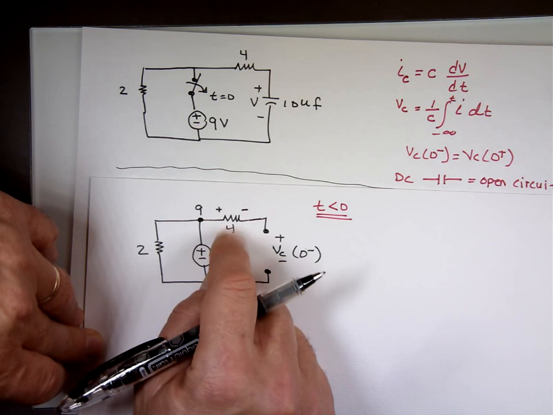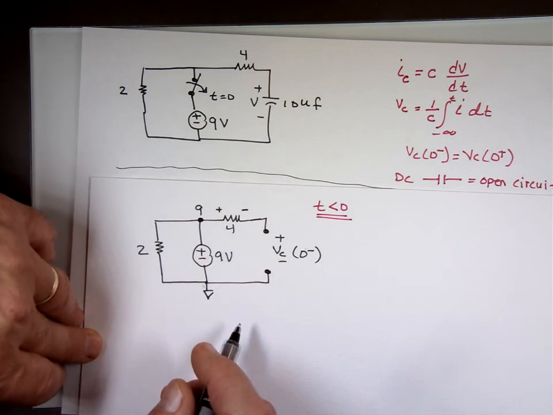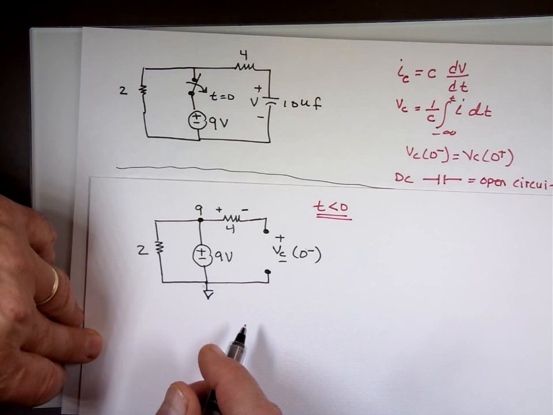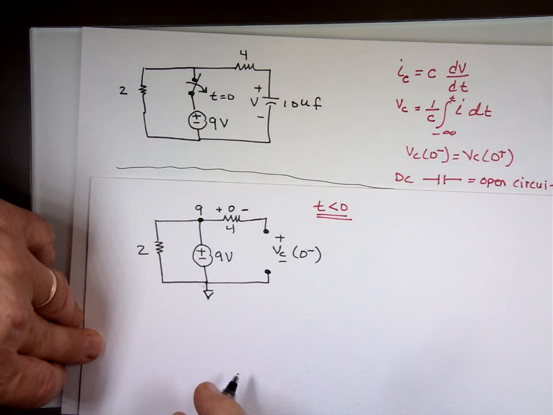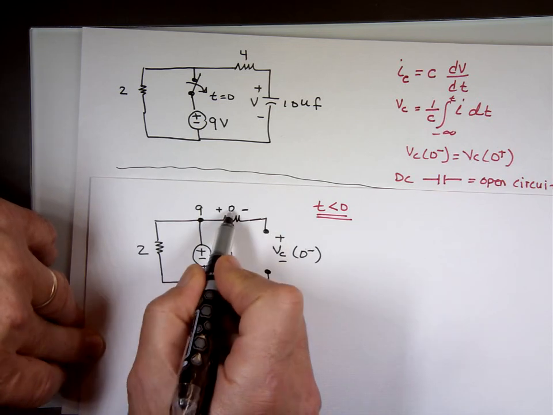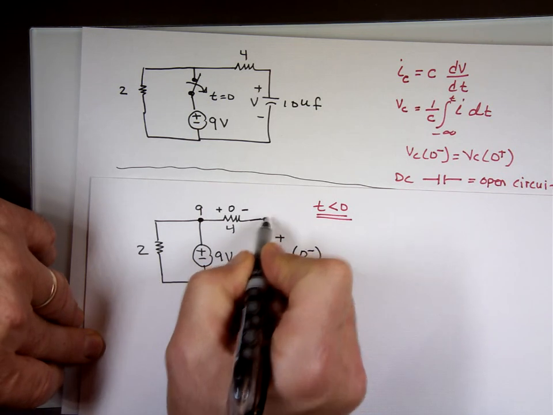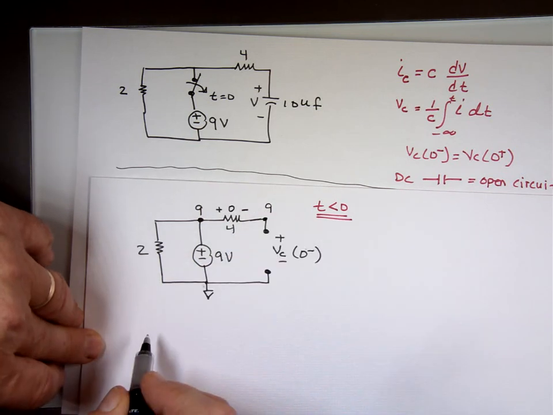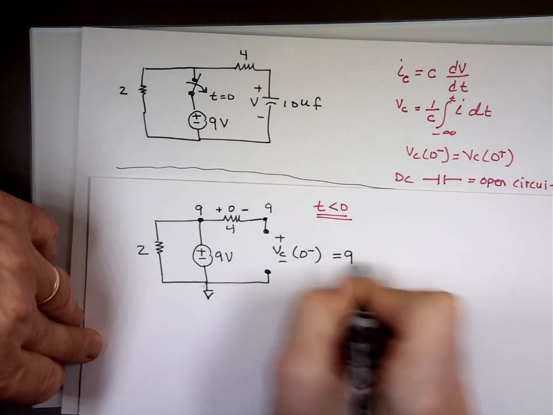What is I? 0, it's an open. 0 times 4 is 0. That says this end is going to be 0 volts lower than that end, so that's 9 volts. So what's VC at 0 minus? It's equal to 9, which also equals VC at 0 plus.